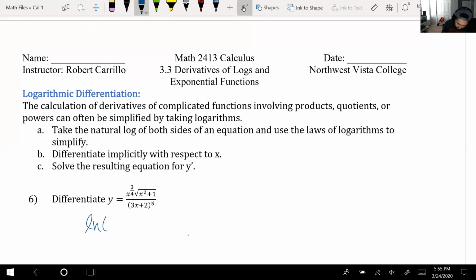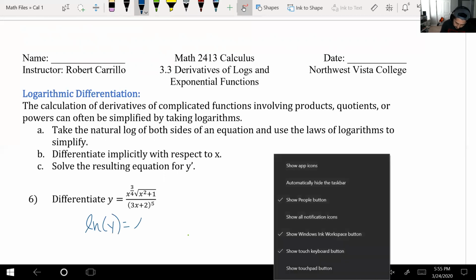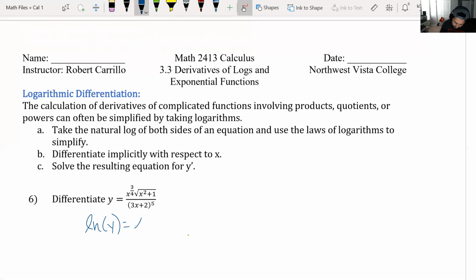So you get natural log y equal to the natural log of all of this. And I'm going to put the square root into exponential form.